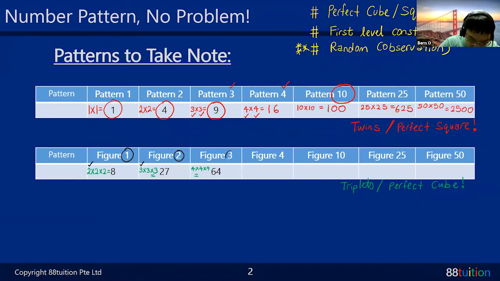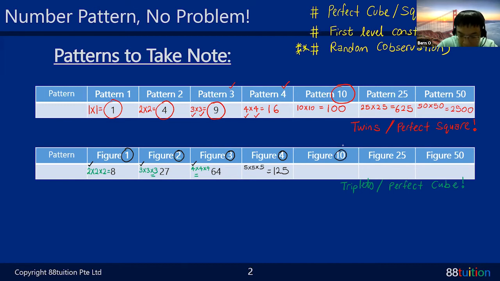So if you see figure 3, 3 plus 1, you must start off with 4. If it's figure 4, 4 plus 1, you must start off with 5. So 5 times 5 times 5, and your answer will be what? 125. Don't go and challenge people on 125 or not. So 5 times 5 times 5 is 125.